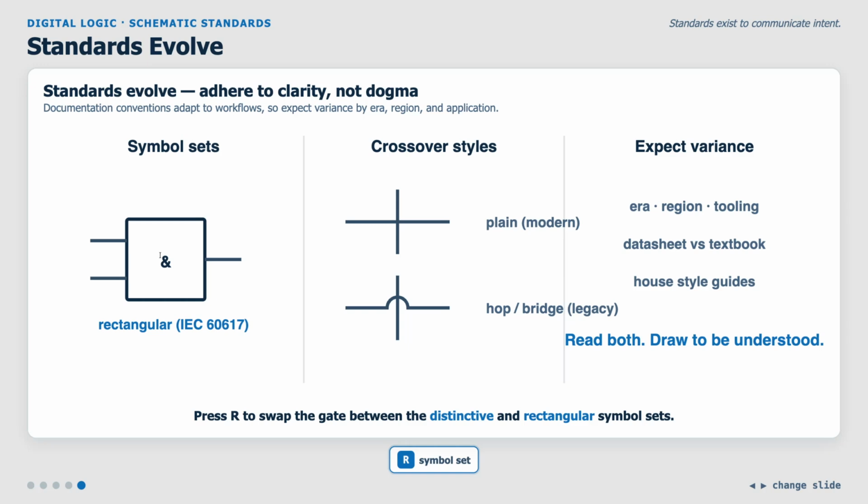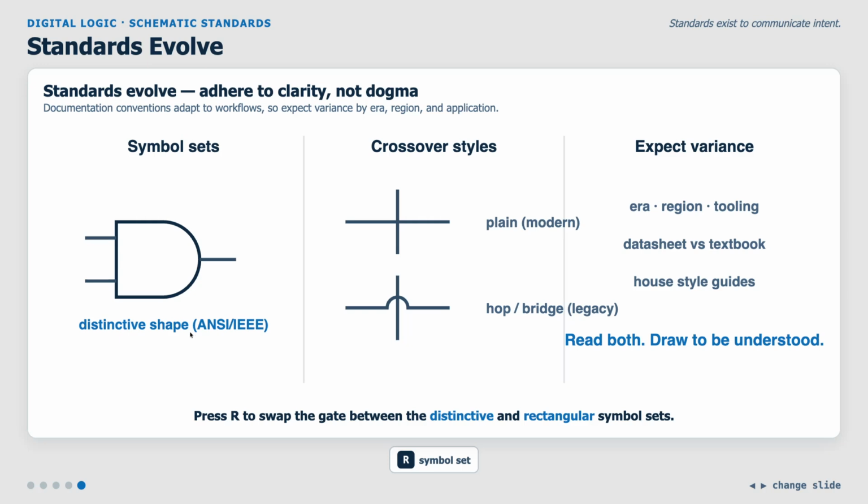So there was a push to start converting to just use everything as a rectangle and label it. You can see where that would help with typesetting and making graphics. But to me, it never really caught on. Most of the time, what you see are shape distinctive symbols. Like here's the shape for an AND gate. We've already covered shapes for OR gates and exclusive ORs and those kinds of things.